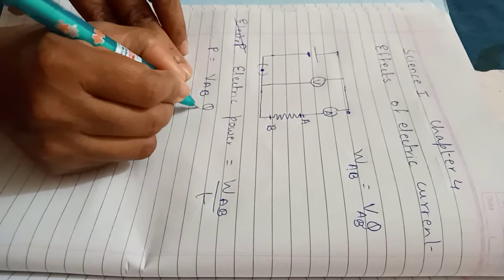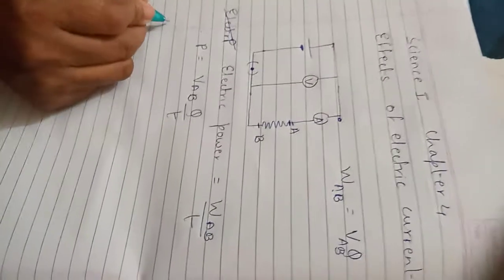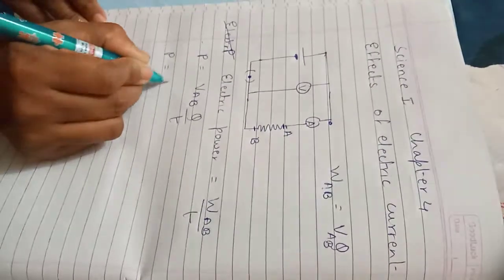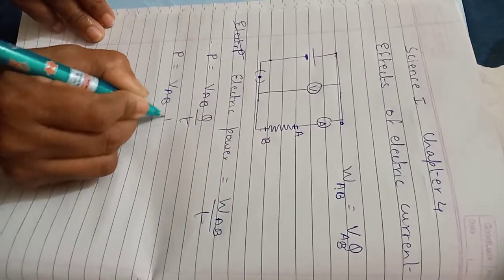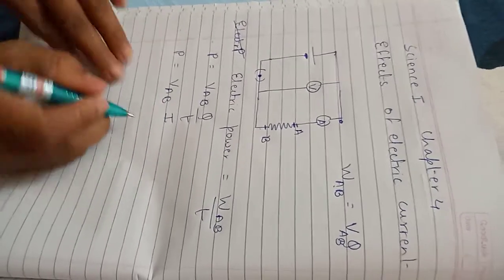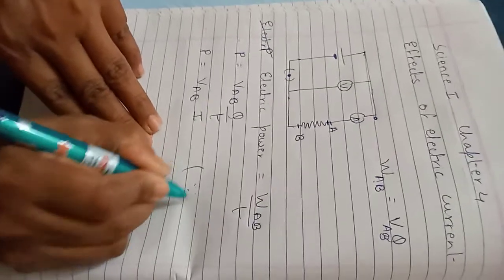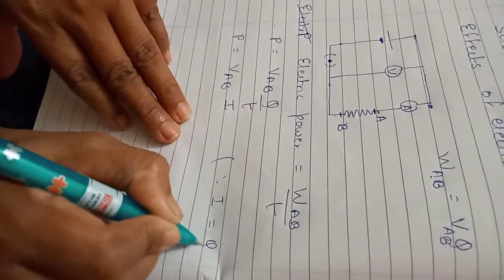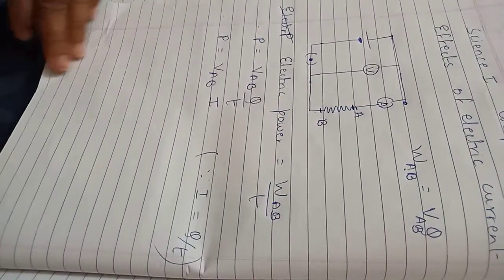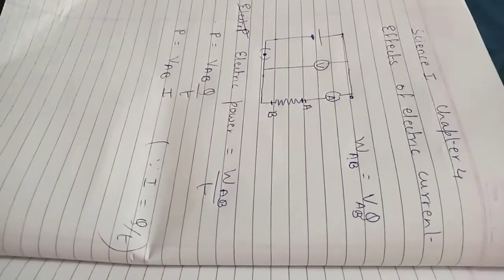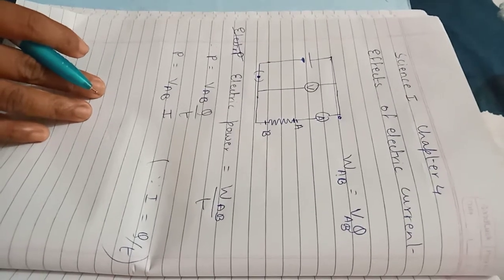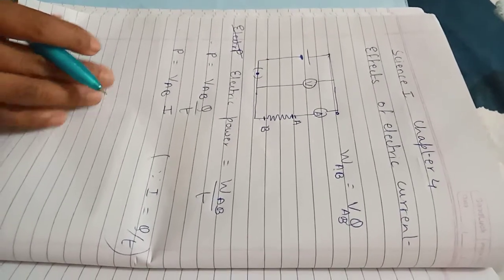VAB into Q divided by T. Therefore, P is equal to VAB into Q divided by T. Q by T is the rate of flow of charge, which is called current. Q by T is charge upon time, and charge upon time is called current. So power is what? VAB into I. P is equal to V into I.